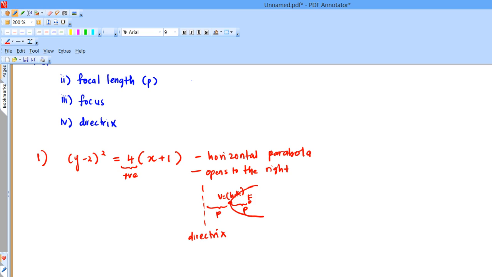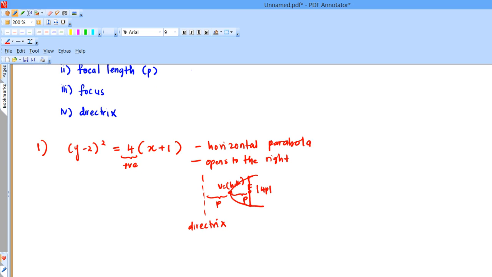So we have vertex, focus, focal length P, directrix, and then what is the latus rectum? The latus rectum is a straight line that passes through the focus, and its endpoints lie on the parabola. So this is the latus rectum, represented by modulus 4p.